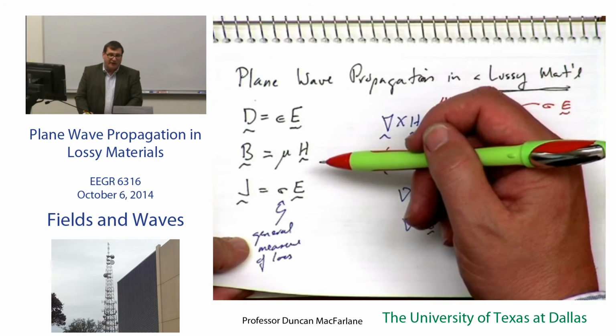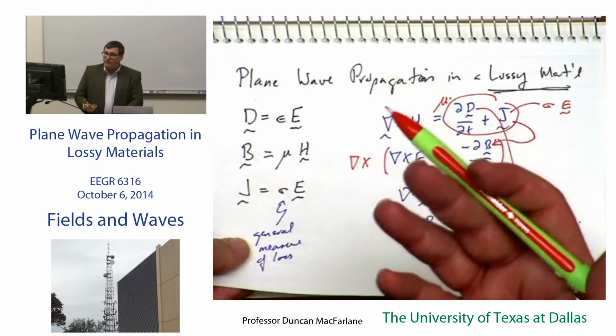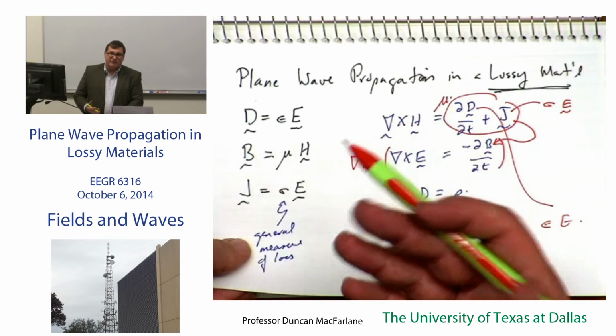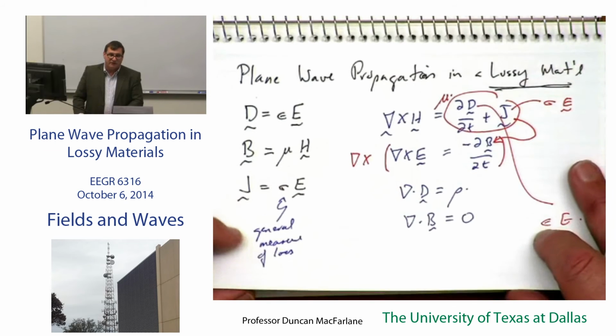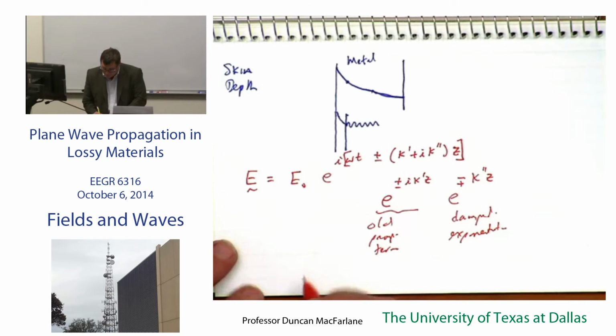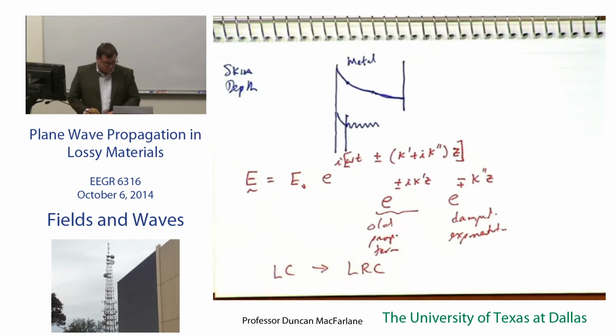If I now add in the resistors, say even just the resistance of the wires, I have a third term, and my nice sinusoids in my LC circuit now become damped exponentials in my LRC circuit. And that's exactly what I did here. So, LC circuits going to LRC circuits.